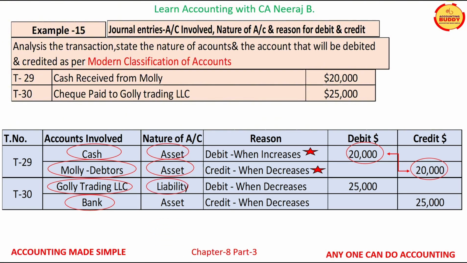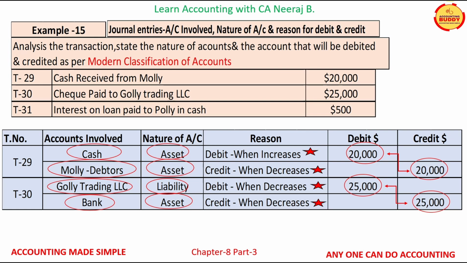The rule for debiting liability account is debit the liability account when it decreases. Bank account is an asset account and the rule for crediting an asset account is credit assets when it decreases. Therefore, this transaction is recorded for $25,000 by debiting Goli Trading creditors account and crediting bank account.